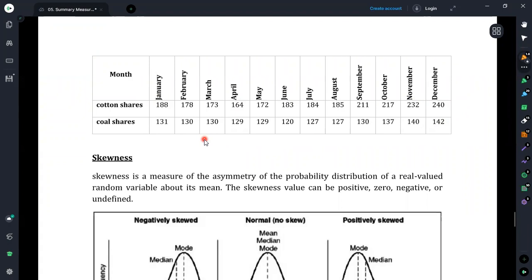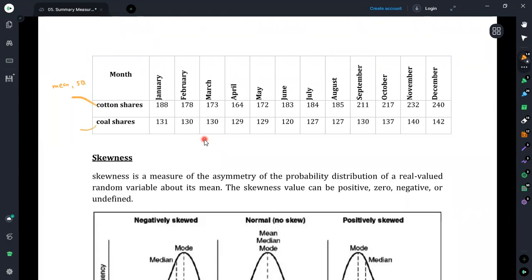Here also we can use the coefficient of variation to compare these two variables. For the cotton shares we have to find the mean value and the sample standard deviation.